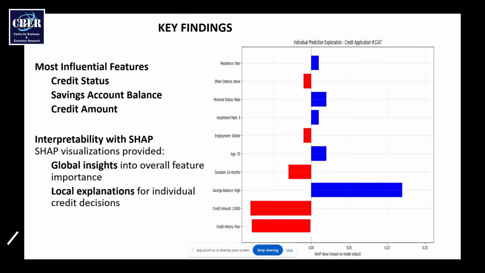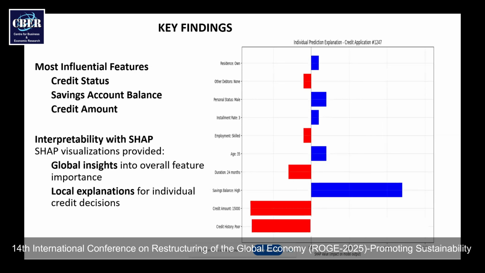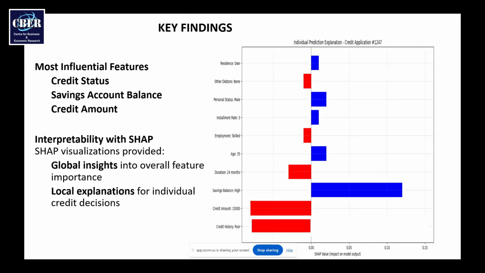So this is a particular case study of an applicant. And we can see that it really explains the different features and outcomes and how strong and weak they are. If the savings account balance is high, for instance, that is the longest blue that we can see, there's a strong indication that this customer's credit will be approved. But let's look at the other side. The credit amount is $15,000 in red.